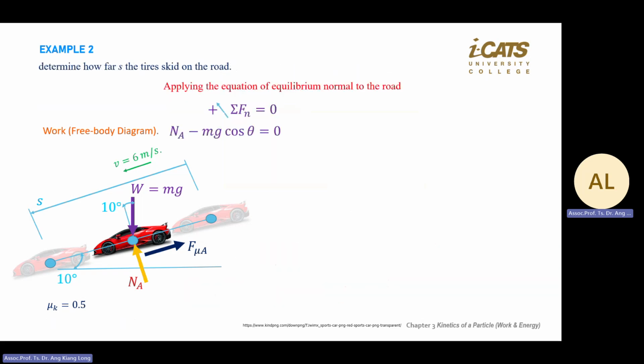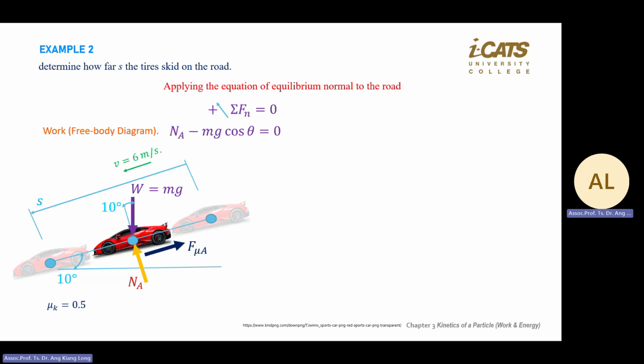So applying the equilibrium, you can find the normal force. You can apply the equation of equilibrium that you learned in your statics, so all the force normal equals 0. In chapter 3, you start to use the equation of equilibrium to solve for something that you don't know.